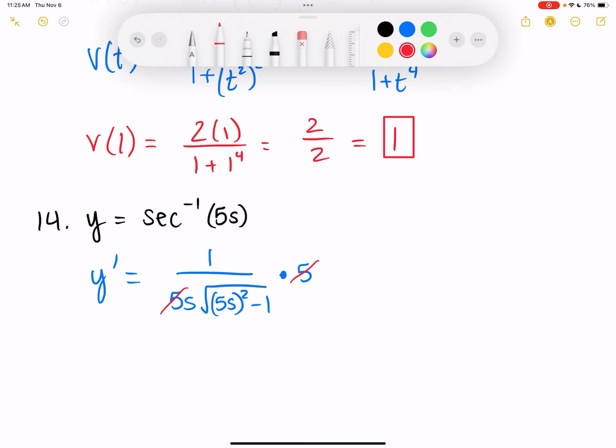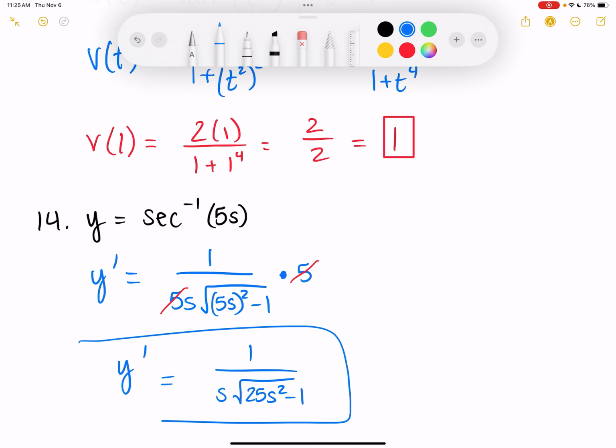So if you want to go ahead and start with that, then we only have to rewrite it once. So then y prime is equal to 1 over s times the square root of 25s squared minus 1. And then that's all we have to do on that one.